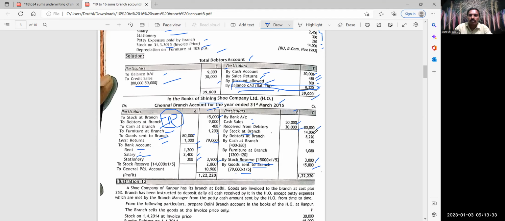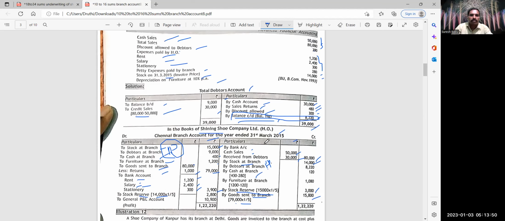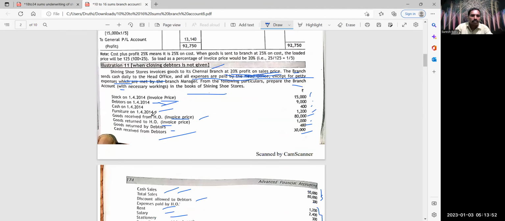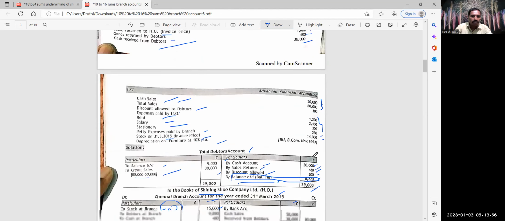Now closing stock is 14,000 rupees. It is also invoice price, correct? On the debit side, there is stock reserve, that is profit into 1 by 5, meaning 20%, 2,800. Now petty cash, what happens here? How much was sent? 400 rupees initially. How much are the expenses?